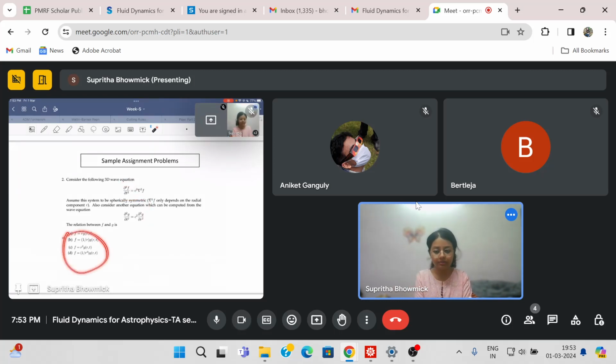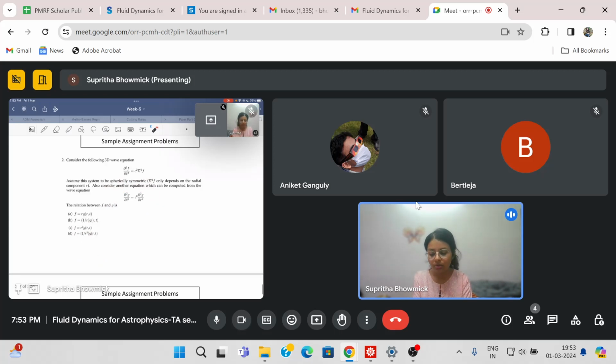These are the options. f can be r times g. f can be 1 by r times g. f can be r square g. f can be 1 by r square times g. Now, the only way to find it out is actually take these possibilities, plug them over here, and see which one gives you this.